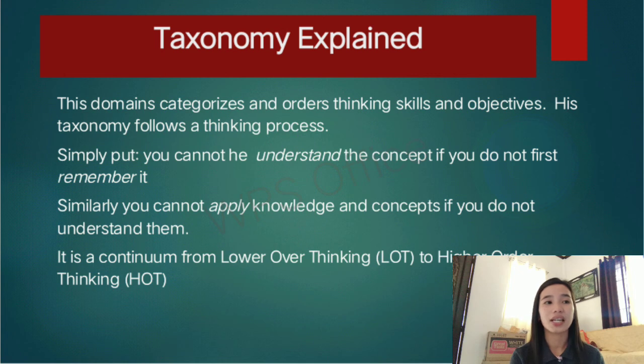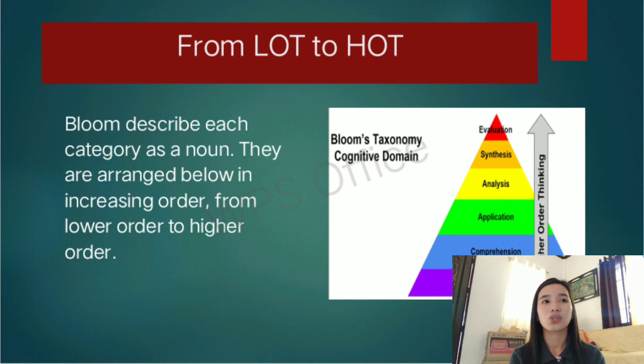Third, it is a continuum from lower order thinking to higher order thinking, LOTS and HOTS, as you can see in this graph of Bloom's taxonomy and the cognitive domain.